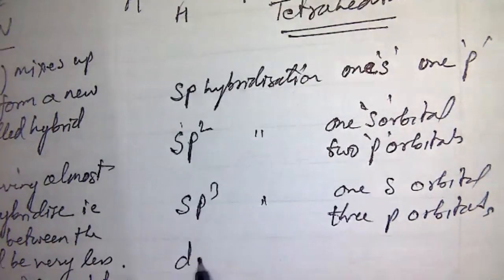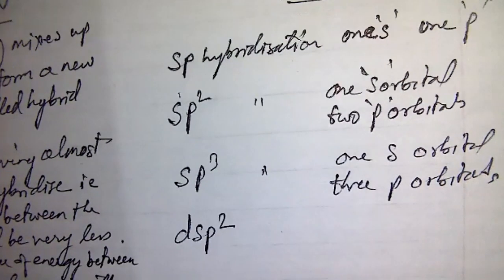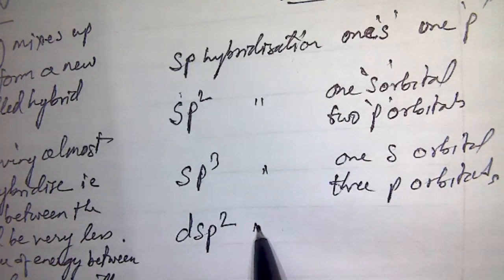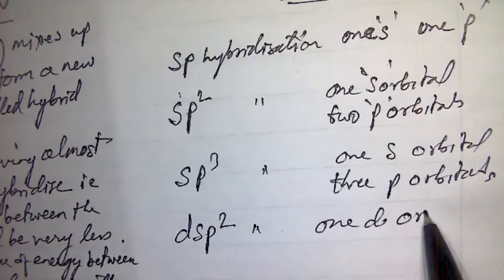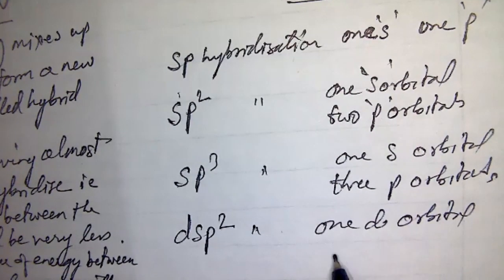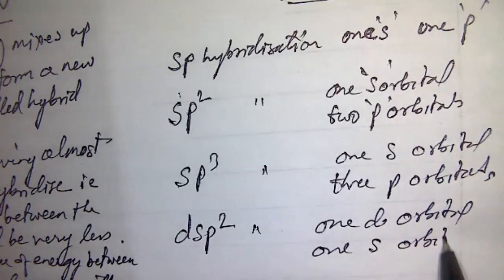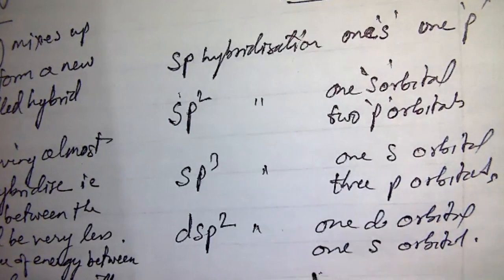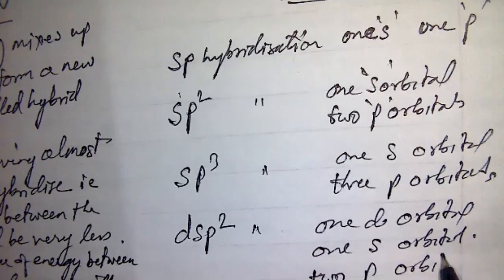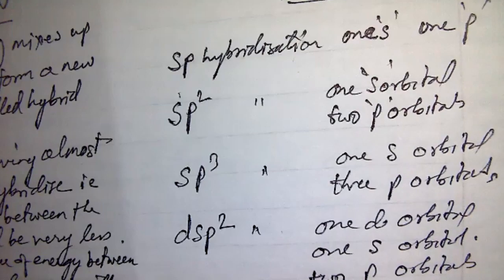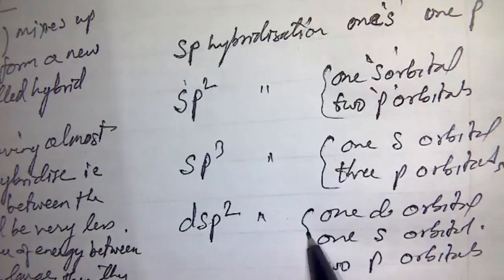If I write dsp2, then dsp2 hybridization means one d orbital, one s orbital, and 2 p orbitals. These are combining. So you can see different things are combining at a time.